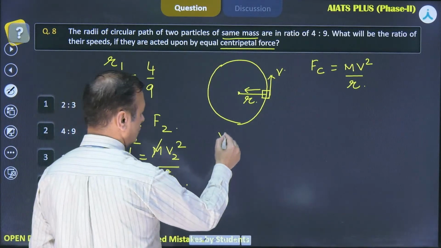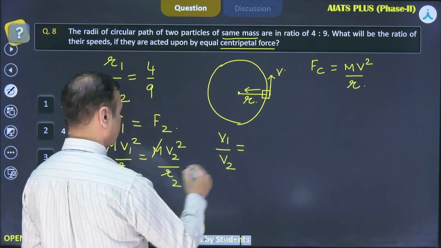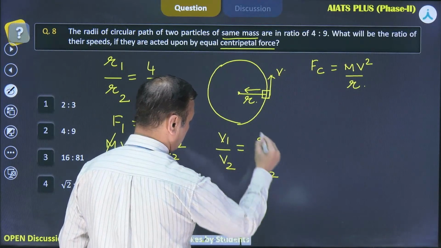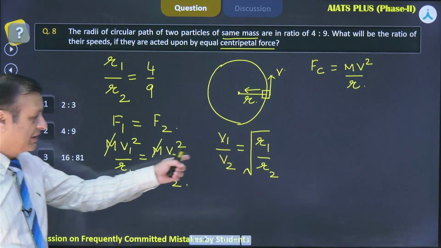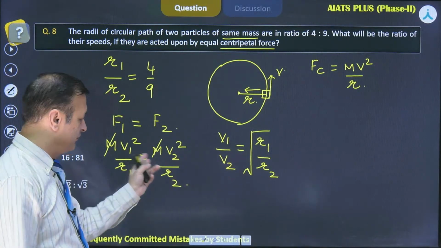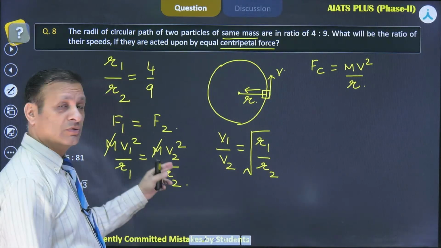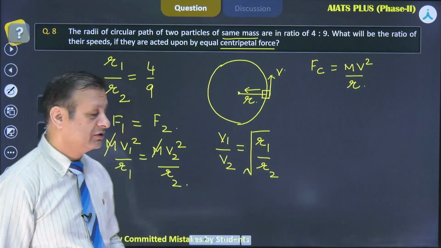So V1 by V2 is R1 by R2 whole under the root. I think we can easily extract this formula from this situation. This m cancels out on both the sides, then V1 by V2 is R1 by R2 under the root.